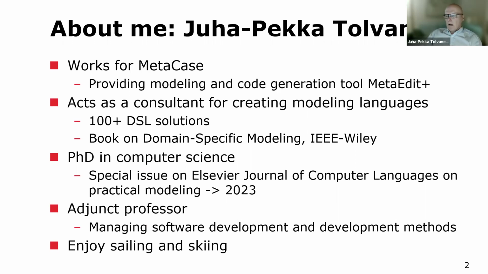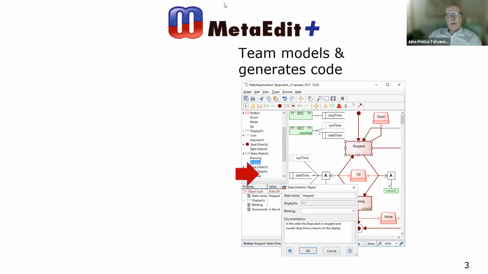A little bit about the background, just one slide about our company and what we do. We basically provide tooling. It's called MetaEdit Plus, but it basically has the DSL that the customer makes.